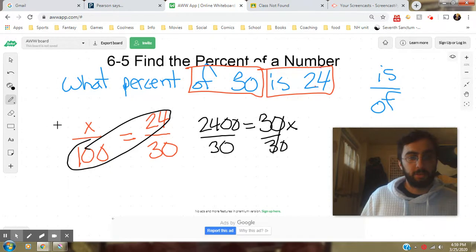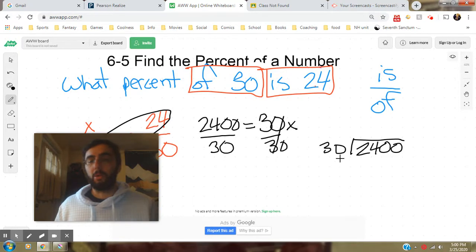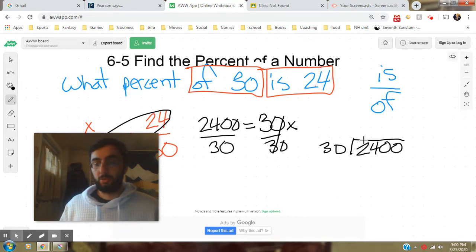But we'll show it over here. I'll move myself again. So now we're just going to do 2,400 divided by 30. So 30 can't go into 2 or 24, but it can go into 240. So I'm thinking 3 into 24 8 times, but we have these zeros as well.